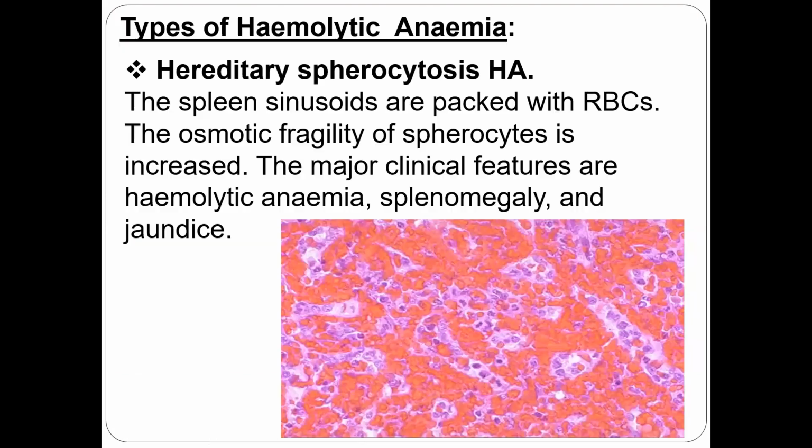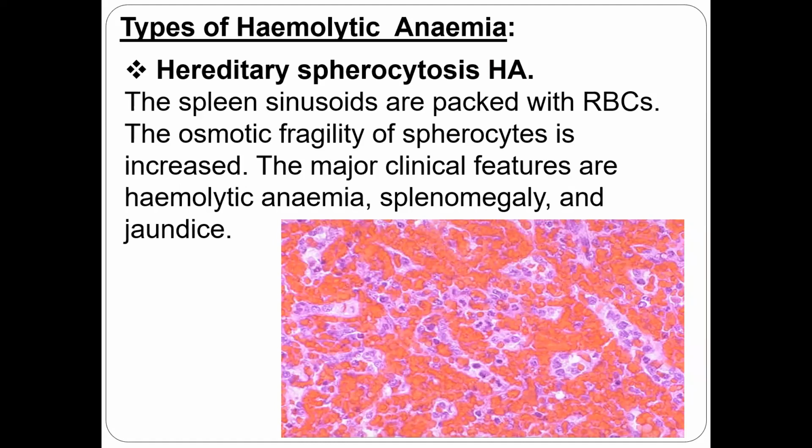Okay. Hereditary spherocytosis hemolytic anemia, another type. The spleen sinusoids are packed with RBCs. The osmotic fragility of spherocytes is increased. The major clinical features are hemolytic anemia, splenomegaly, the spleen is enlarged, and jaundice. Because the red cells are spherocytes and fragile, you can have both intravascular and extravascular hemolysis.